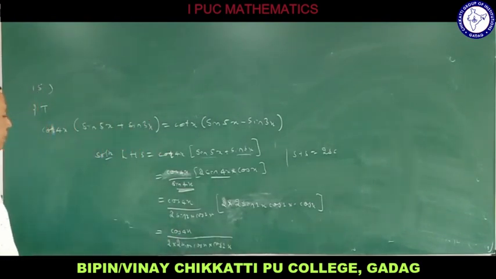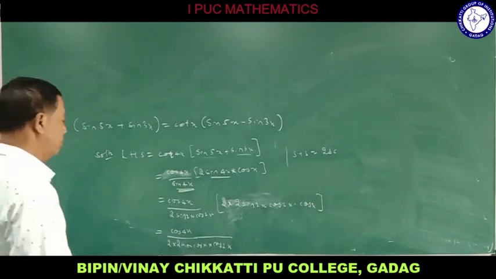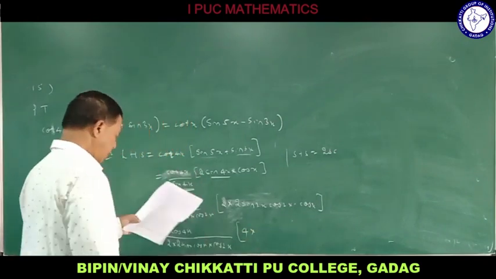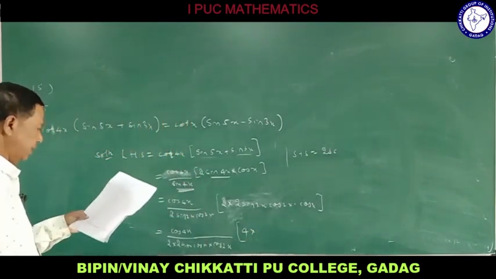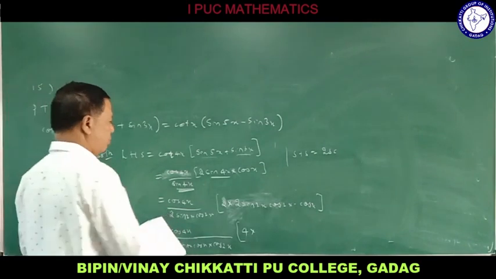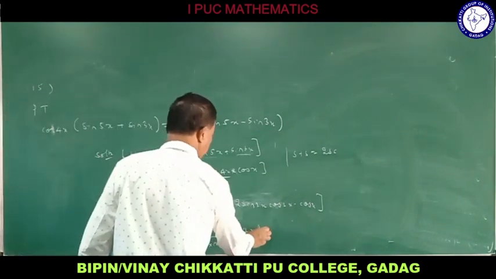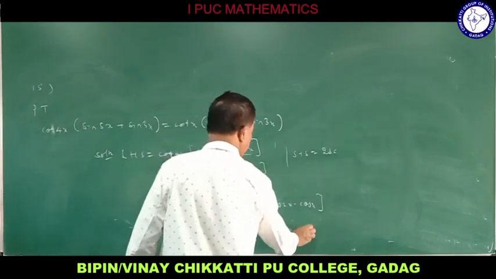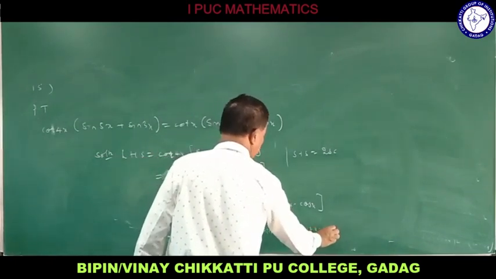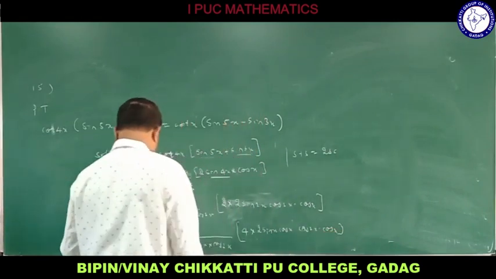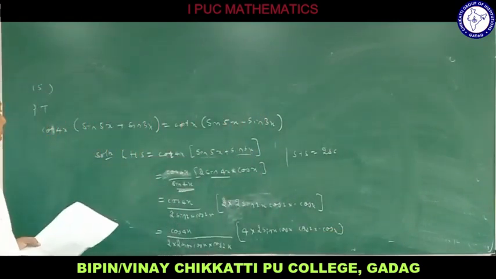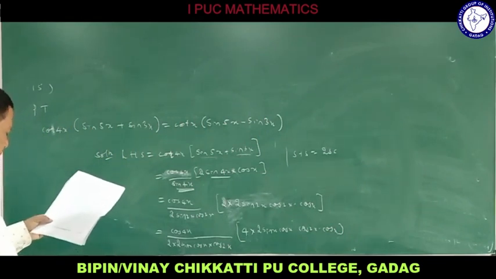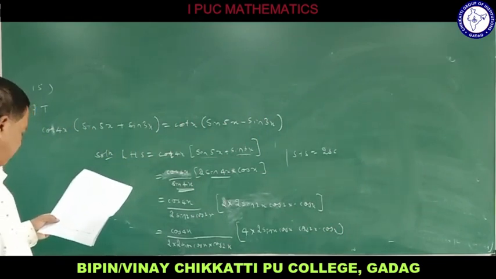So sin 2x is written as 2 sin x cos x, and here you can write 4, and once again you can go for writing 2 sin x cos x and cos 2x into cos x. So now you understand that the result is sin 5x minus sin 3x, so that can be written here.